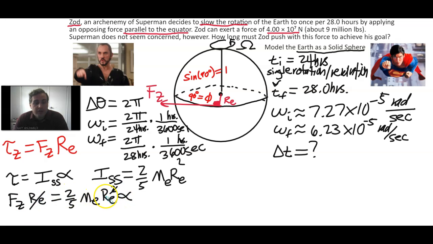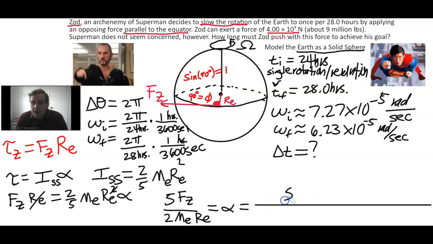And then we can also multiply by 5/2. So I think we've got 5 times the force of General Zod over 2 times the mass of the Earth times the radius of the Earth. Okay. So this is going to be the alpha. So we probably need that in these kinematics. So let's calculate this first.